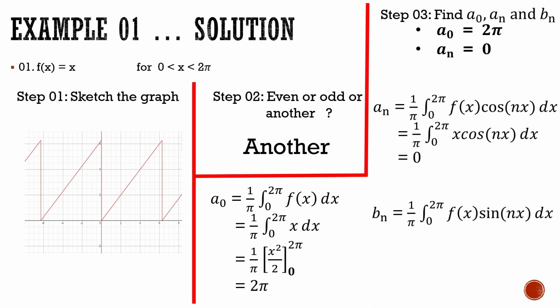Now bn equals 1/π ∫ from 0 to 2π of f(x) sin nx dx. After substituting x as f(x) and simplifying the equation, we can get the final answer as -2/n for bn.